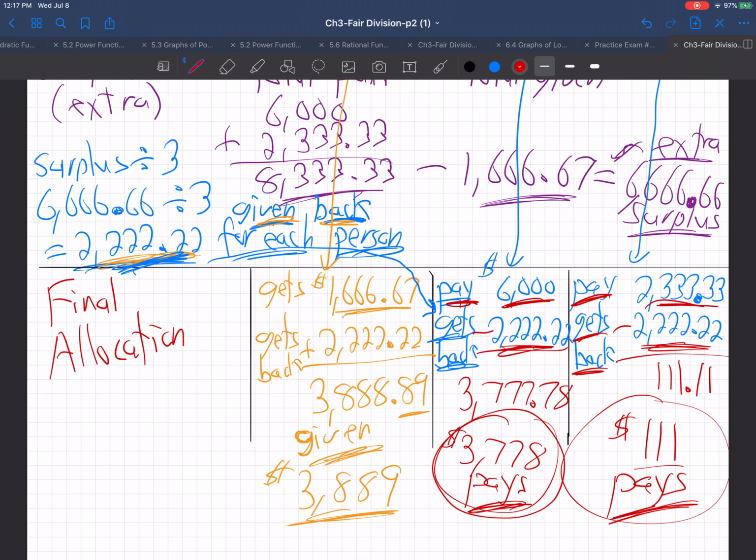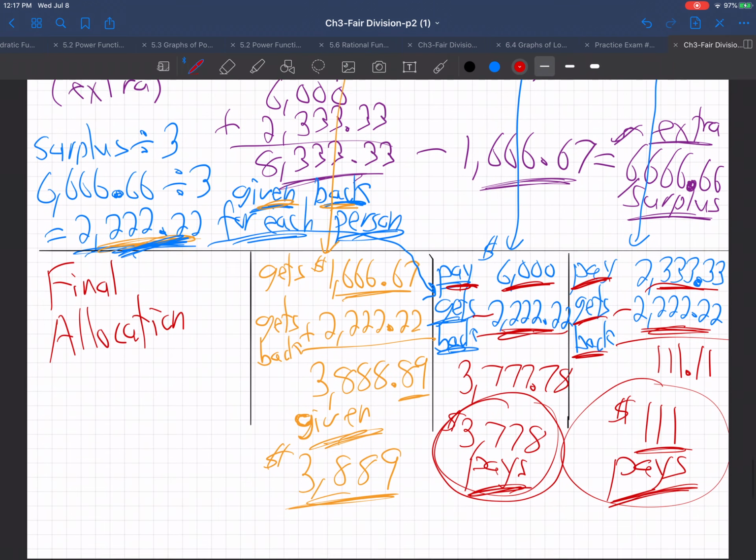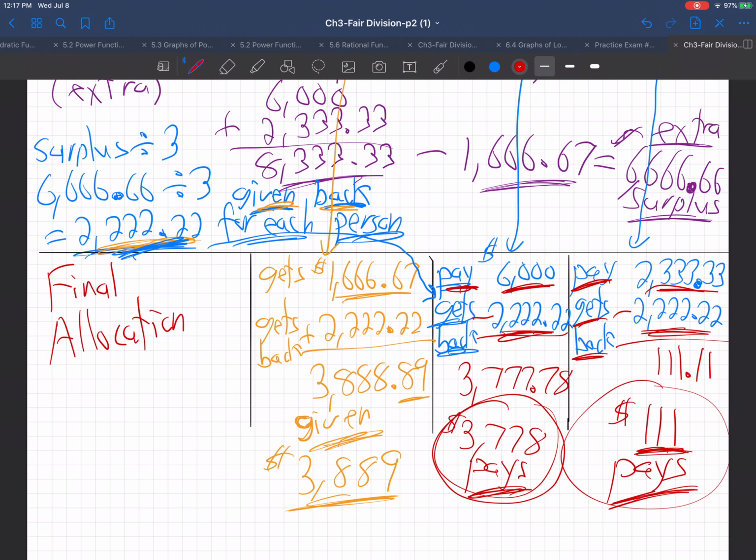So in the end, she only pays $111, and of course she got the motorcycle. She almost got the motorcycle for free. She had to pay a little bit, $111, to make it all fair. So there it is. There's the final allocation for everybody in this sealed bid.